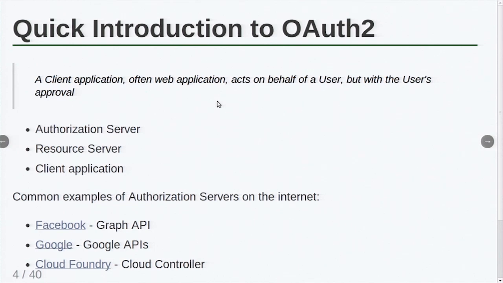The client application, which is often a web application, acts on behalf of a user. That's the important thing: on behalf of, and the user is the person. But another key phrase is with the user's approval. And that could mean a number of different things.